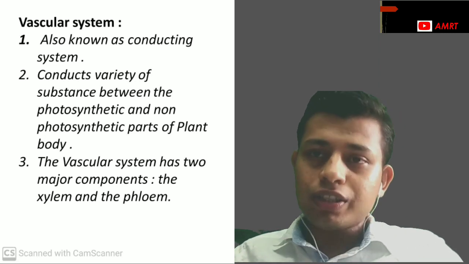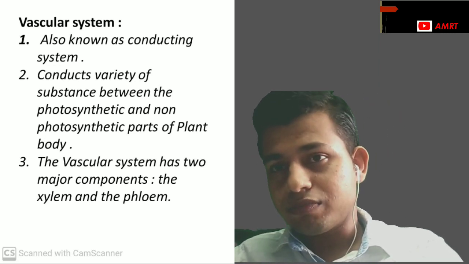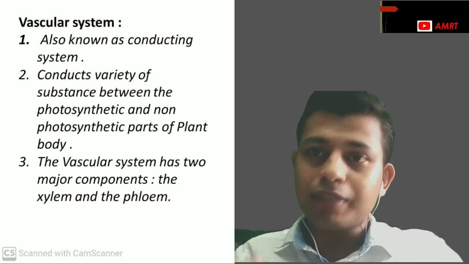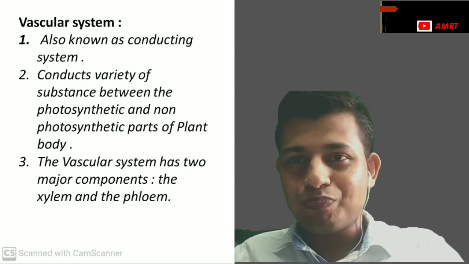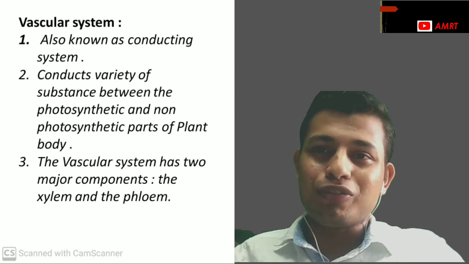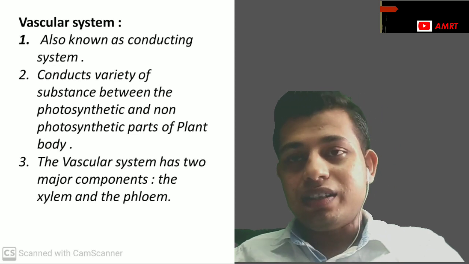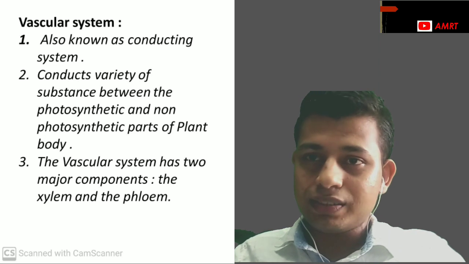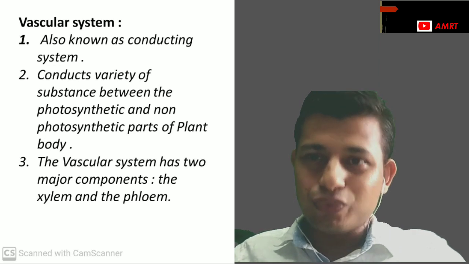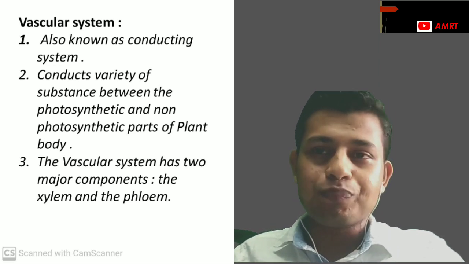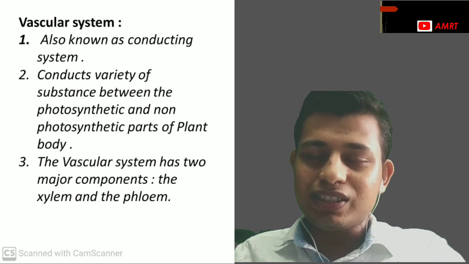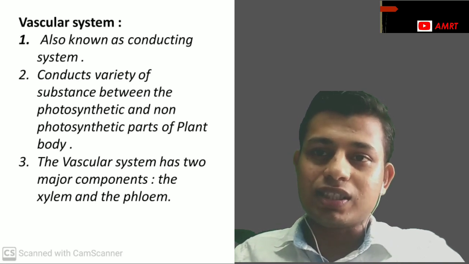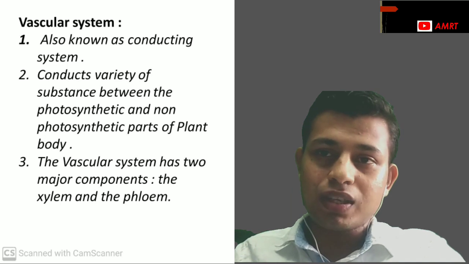It is a highly evolved, effective, and efficient system responsible for the transportation of minerals, water, and food substances. The whole vascular system is divided into two systems: one is the xylem and the other is the phloem.